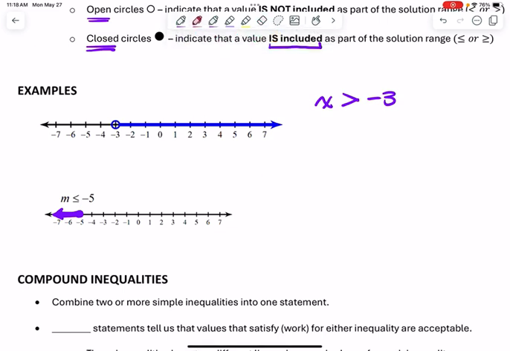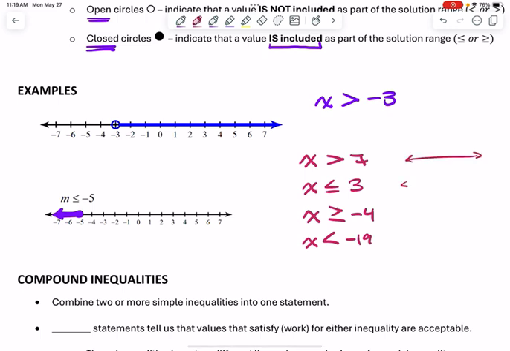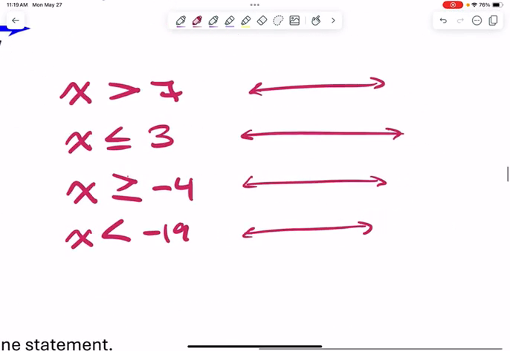Okay, small little life hack for you. If you always write inequalities in proper form, let's say x is greater than 7, x is less than or equal to 3, x is greater than or equal to -4, x is, I don't know, let's say less than -19. When I look at the number lines here, if I have these in proper form, I can typically draw these number lines quite easily.